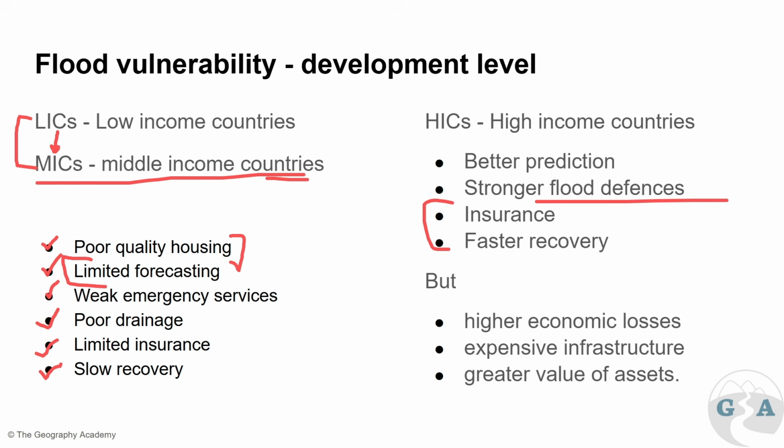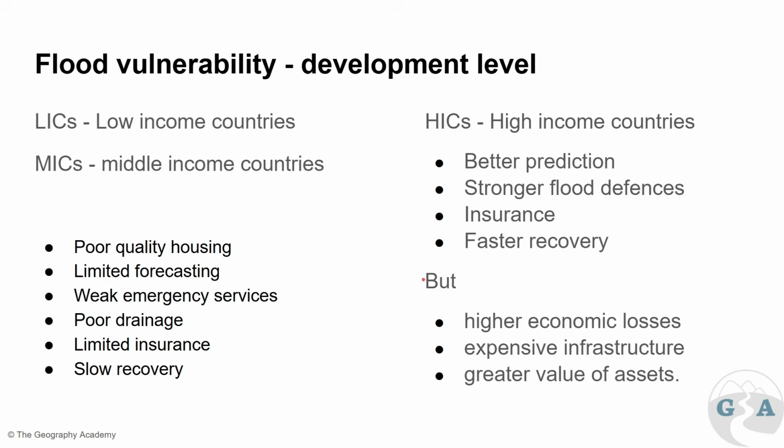What we see in HICs is they will have things like insurance and stronger flood defenses, but each time they try to make defenses, the cost is astronomical, and insurance will only cover so much, so they're kind of limited in what they can offer. Higher economic losses, way more expensive infrastructure, greater value of assets. So it just means that the potential for the impacts to be quite high and the stakes to be quite high there.